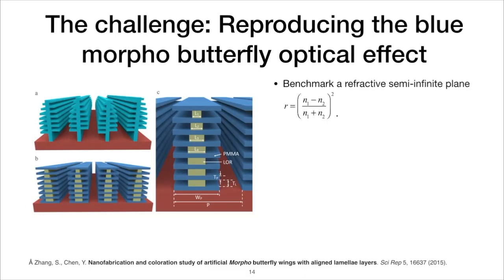But for us, we would like first to start with a simpler problem. We will not build that structure directly. We will start easily and take it easily. We will just benchmark what we've learned before. We've learned about the problem of normal incidence at a semi-infinite plane that we called medium 2, remember, in a couple of slides before. And we would like to benchmark this problem with the simulation tool.